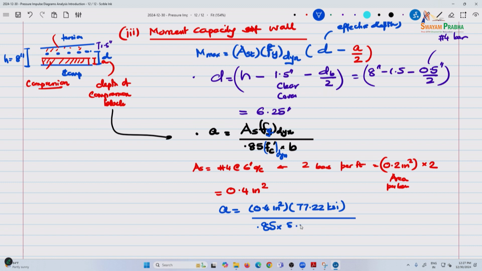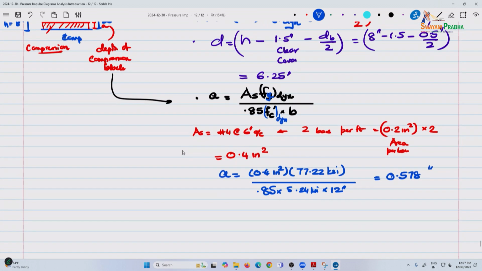So, 5.24 multiplied by 12, this is 0.58 inches. So, Mn is As Fy dynamic multiplied by (d minus a by 2).